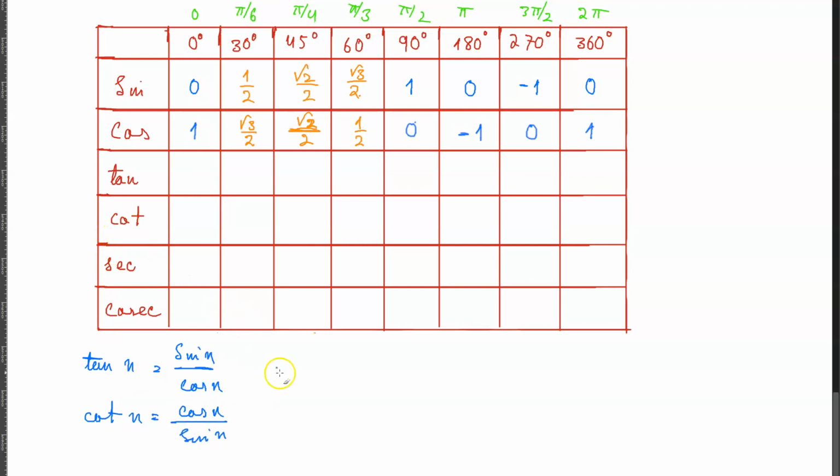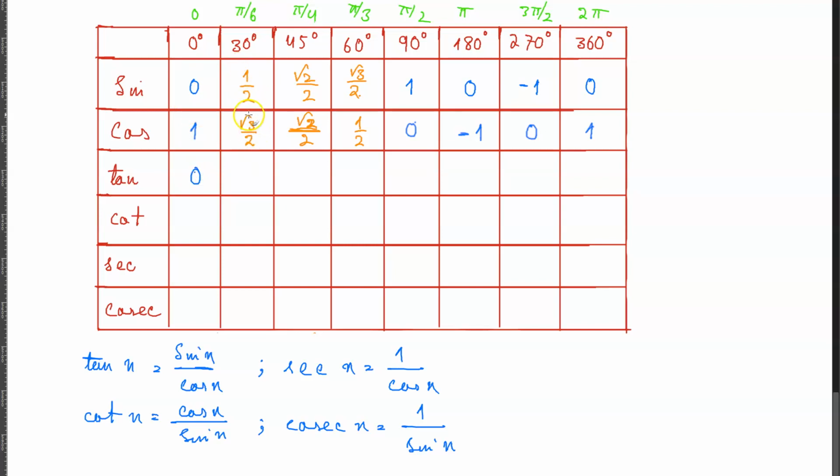And secant x is equal to 1 divided by cos x, and cosecant x is equal to 1 divided by sine x. Which means that to calculate the tan of all of these angles, you just take the sine value divided by the cos value. 0 divided by 1 is 0.